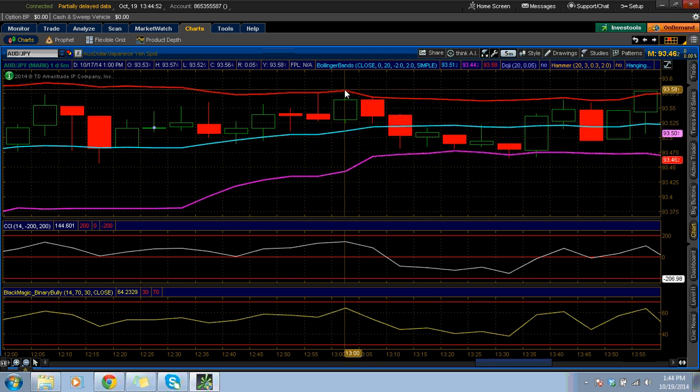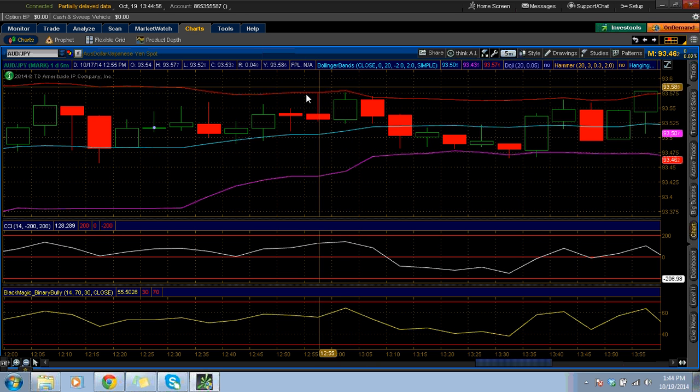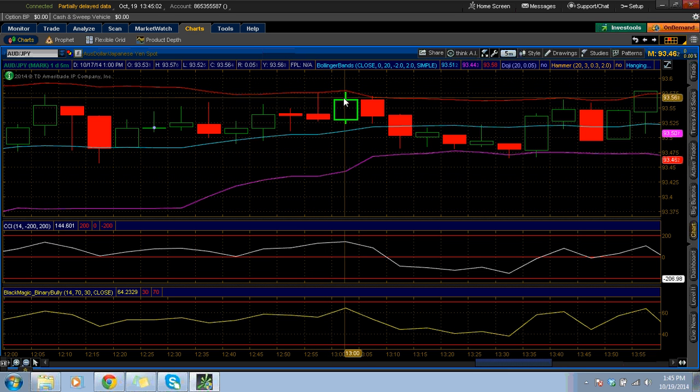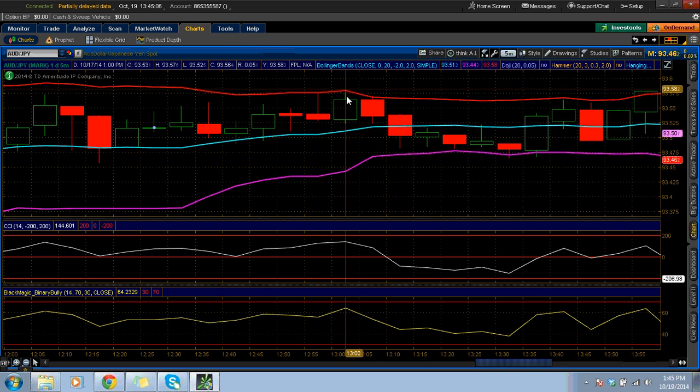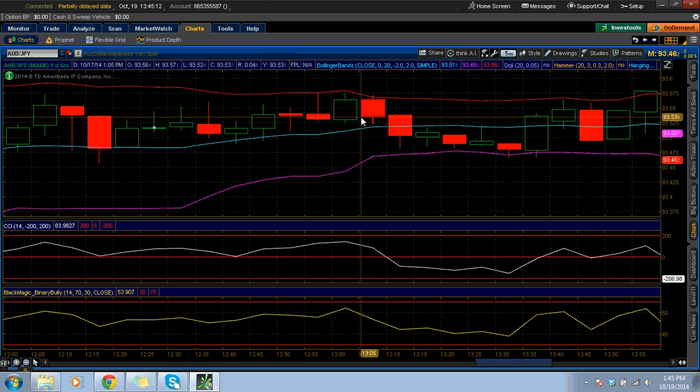If you see this, and it touches that top Bollinger Band, that red band, these are your Bollinger Bands. When it touches that, and you don't have a big wick up above it, sometimes you can trade it when it has a big wick, but you've got to make sure that the body of that candle is pretty strong and there isn't a huge wick, okay?